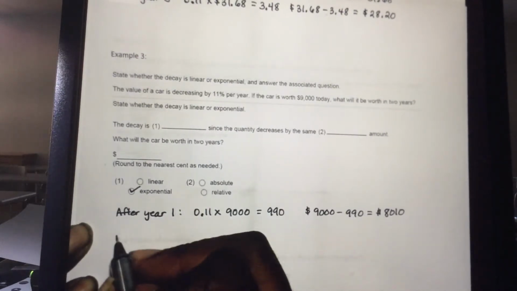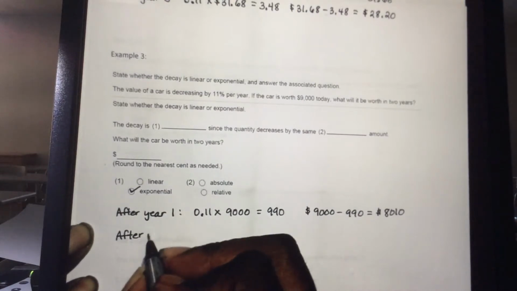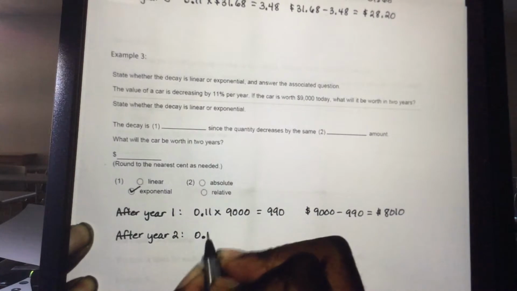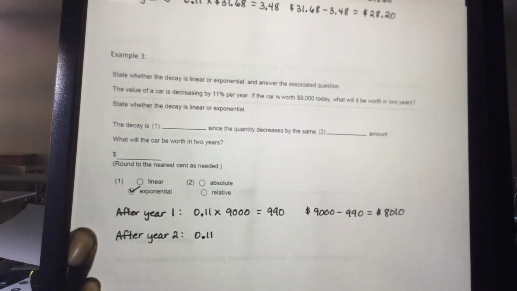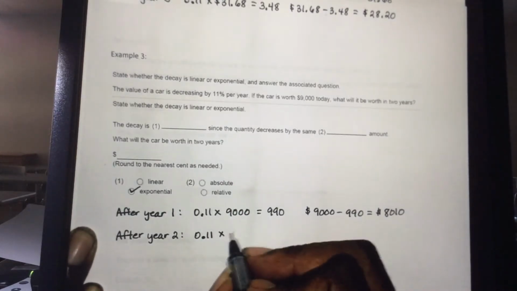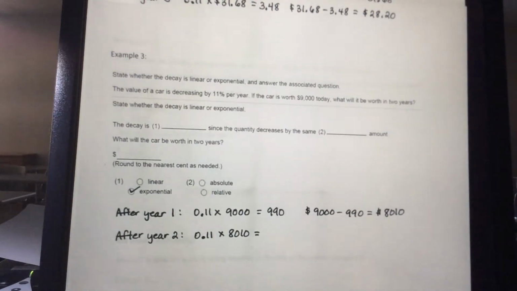Now after a second year, it's still decreasing by 11%, so we'll have 0.11 times 8,010, because that's the value at the end of the first year.